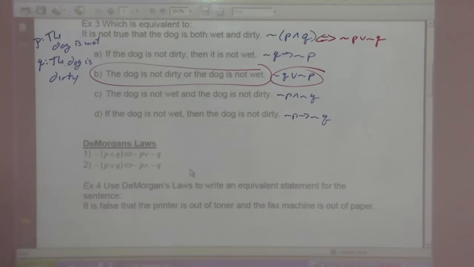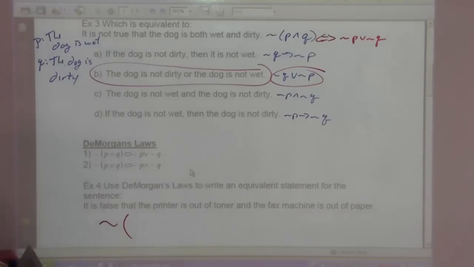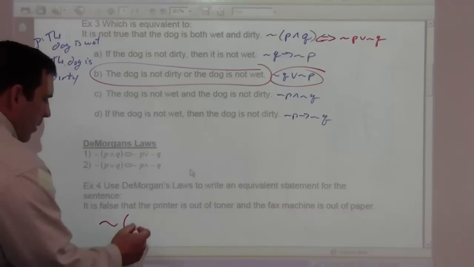Okay, the next one, example 4, use De Morgan's laws to write an equivalent statement for the sentence. It is false that the printer is out of toner and the fax machine is out of paper.